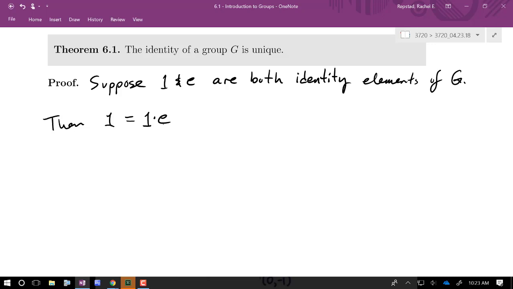But look at this product another way. I've taken E and I multiply it by 1, which is an identity element, so what does that give me? E. Yeah.